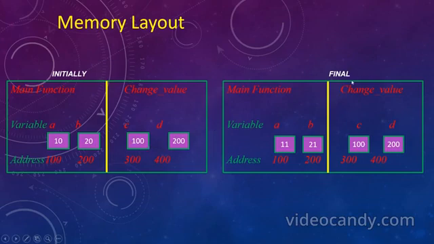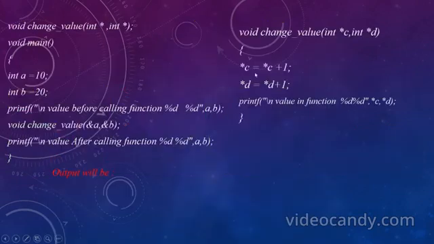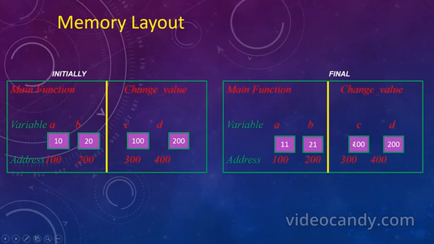So when we come into this function, what we are doing is star c is equal to star c plus 1. That is, we are finding the value at the address. When we do star c, c contains 100, so star 100 will go to which memory location? a, and then it increments by 1, so it becomes 11.